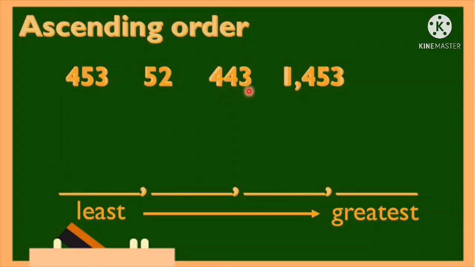And then, the third number has also 3 digits. And the last number, it has 4 digits. So, if we are talking about number of digits, it's easy for us to identify the least and the greatest. Right? So, what do you think? What will be our least number?